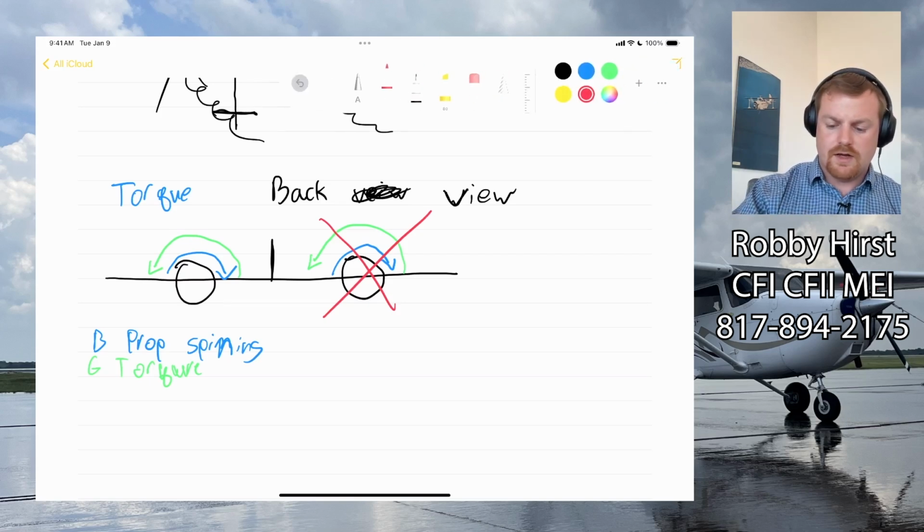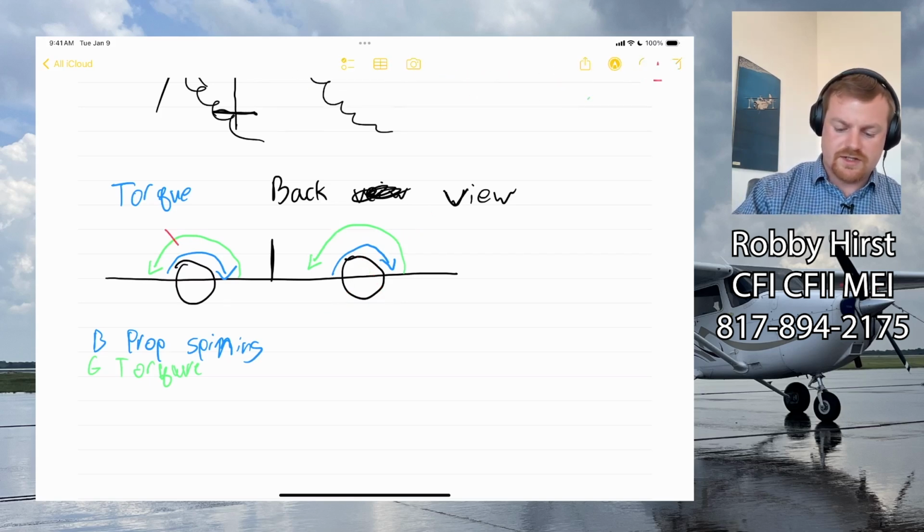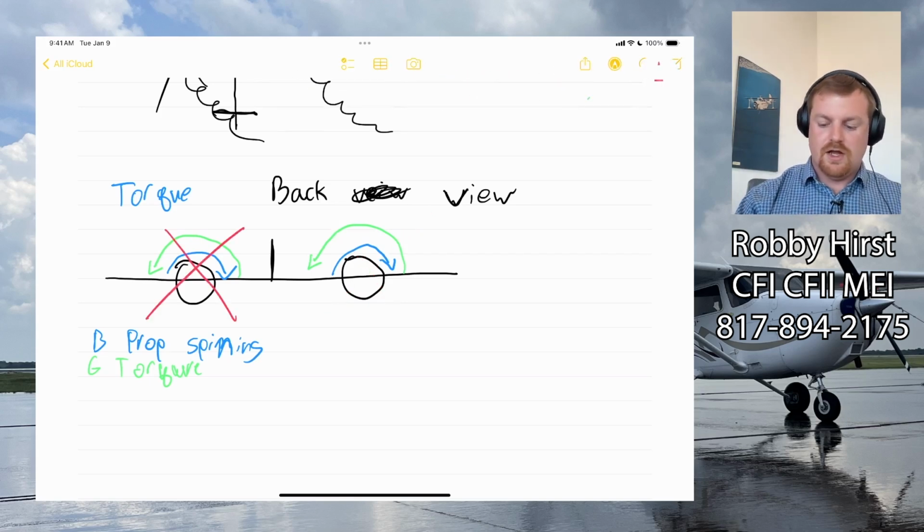However, if we lose our left engine instead, notice that our right engine, our green arrow, is pointing towards our inoperative engine. So as we've lost that engine, it's going to try to torque us into the inoperative engine. Just like that accelerated slipstream is trying to push us into the inoperative engine, so is our torque.